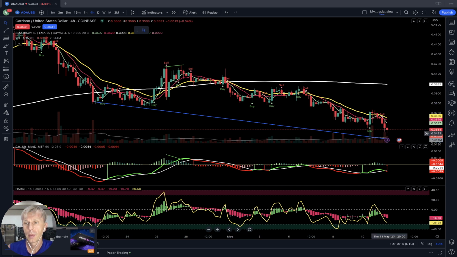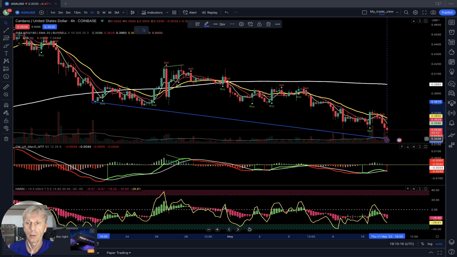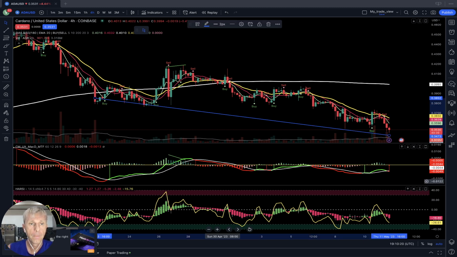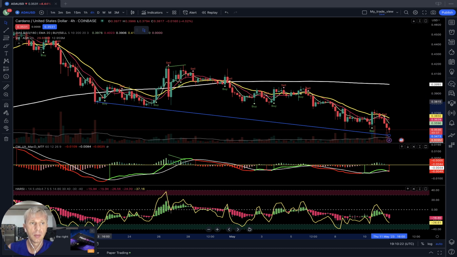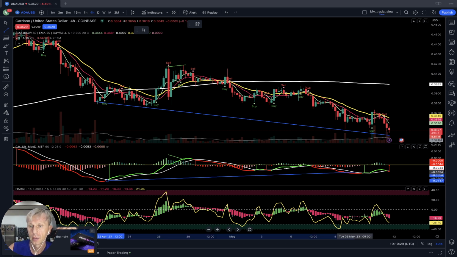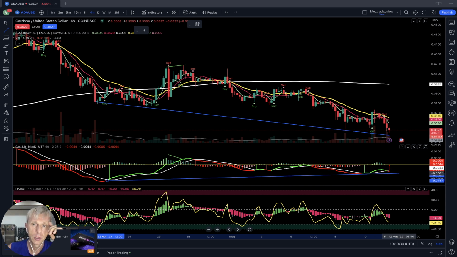What's going on? I don't like it. And on MACD, from this point to this point, it's an uptrend direction, right? Bullish divergence. It wants to have some correction.